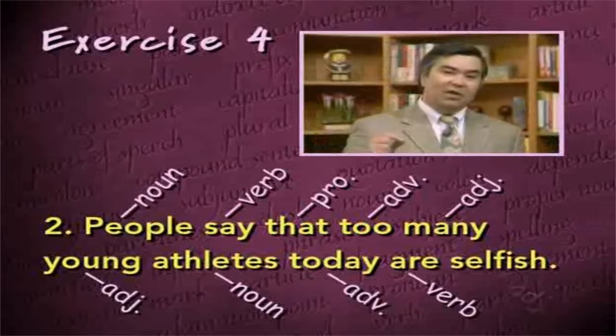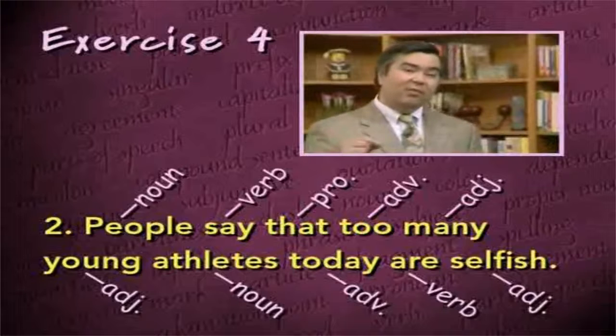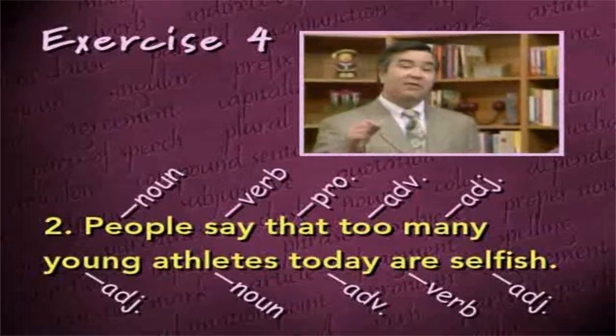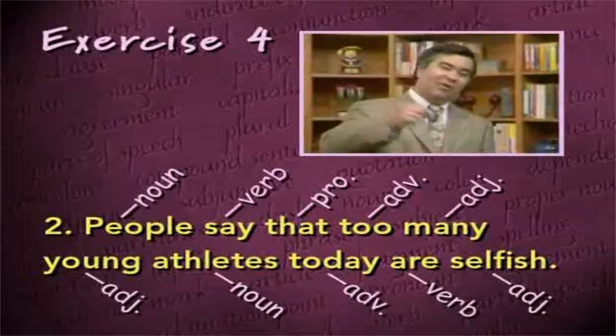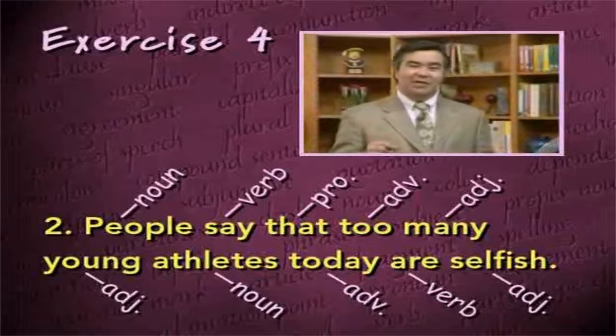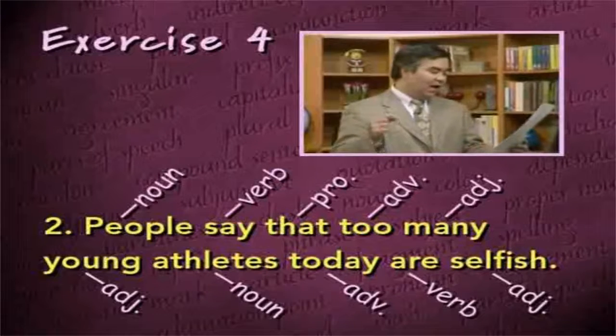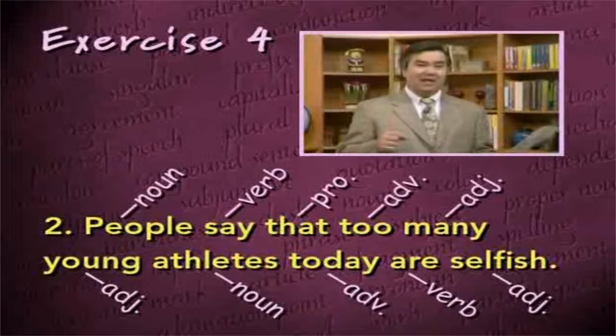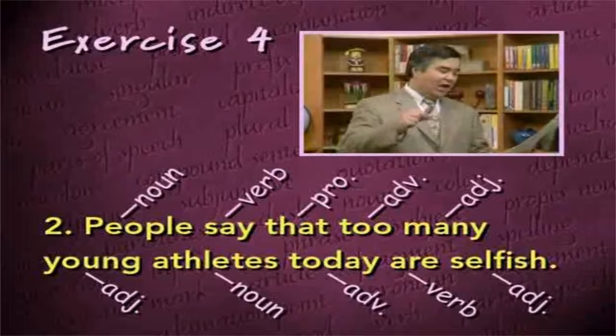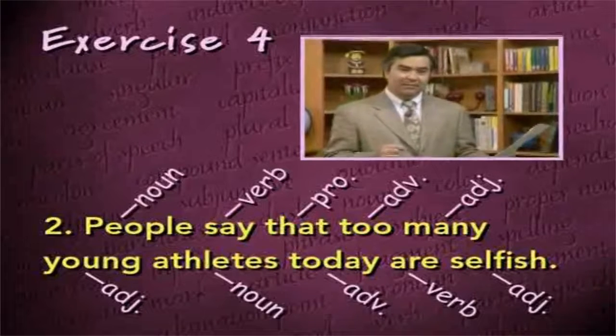And the final word, selfish, is another adjective. Remember, we saw that adjectives can sometimes follow a verb of being and refer back to the noun, which is the subject of the verb. In this case, the adjective selfish follows the verb are and refers back to the athletes. So the athletes, noun, are selfish, adjective.